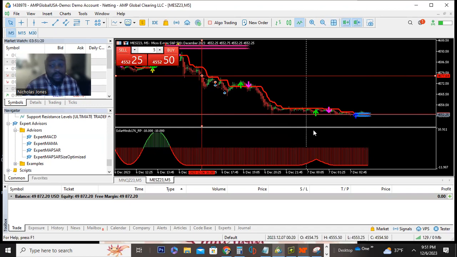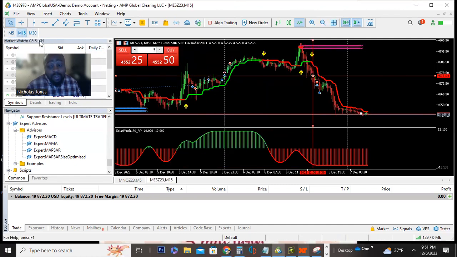It's common sense. So currently the solar wind on the 5 minute is below, in a sell, but we're starting to get a support here. So now we jump up to the 15. There's no support yet on the 15. So right now, the market is in consolidation.